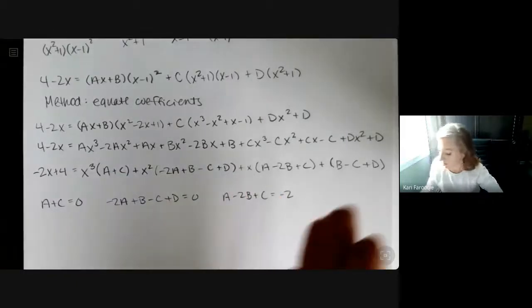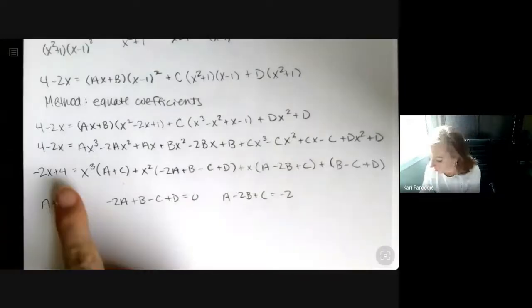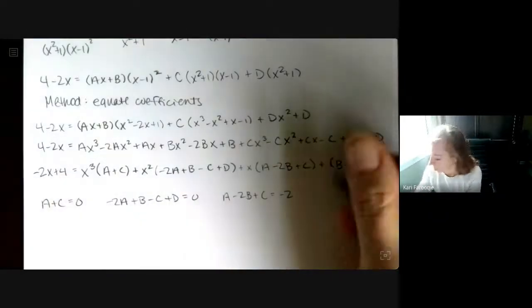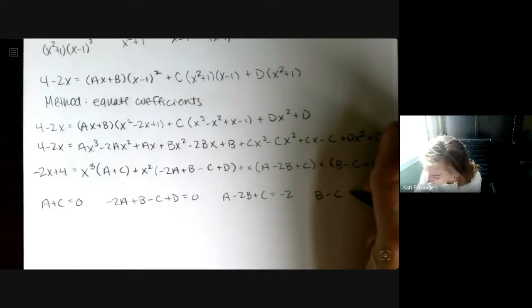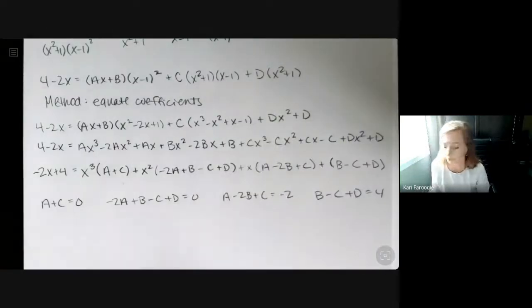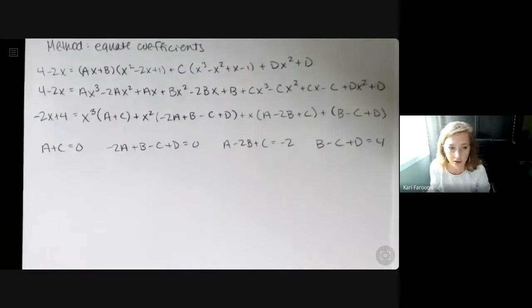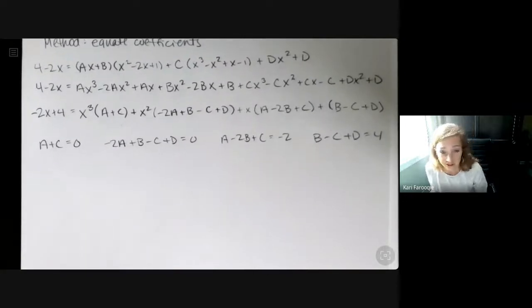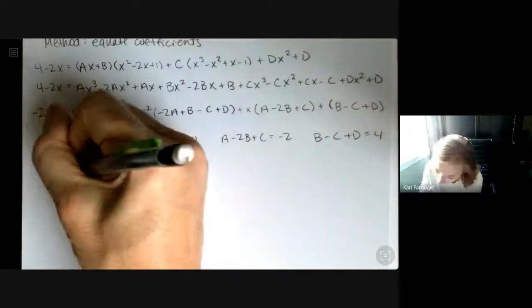Now, the last one we have to deal with is the constant. So you do have a constant of 4 on the left-hand side. So we're going to write this as b minus c plus d equals 4. Now you technically have a system of equations, 4 equations with 4 unknowns.